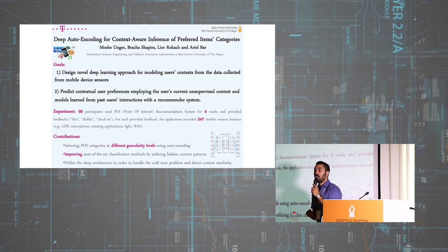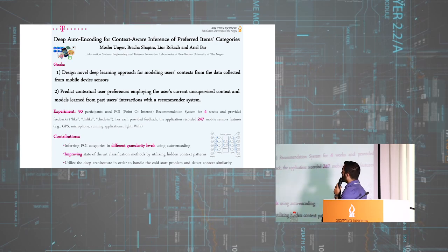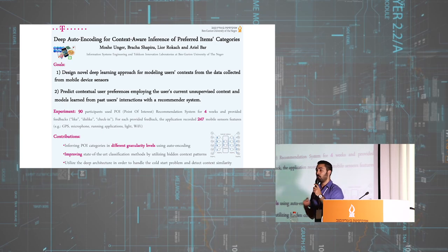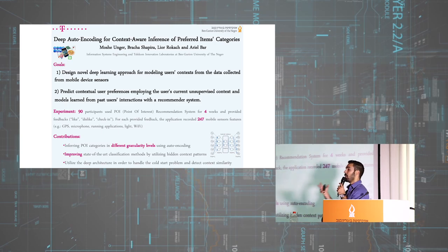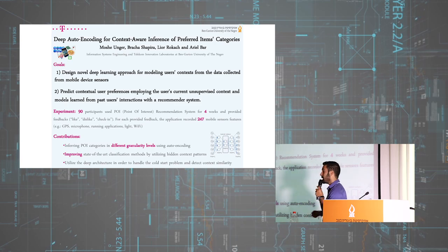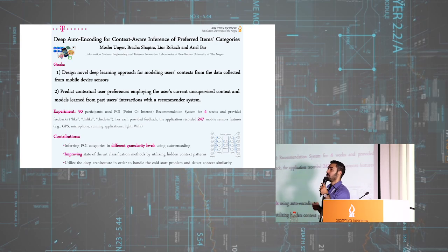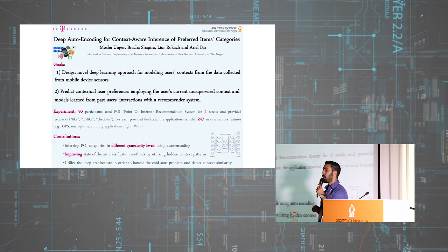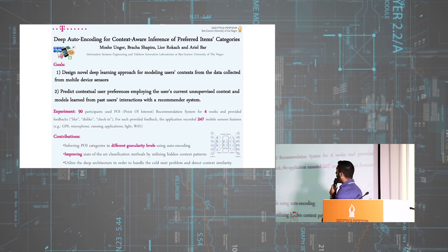Basically, our algorithm uses a deep learning technique called auto-encoding for generating behavioral models of mobile sensor data, and then we use it in order to infer POI categories of users.